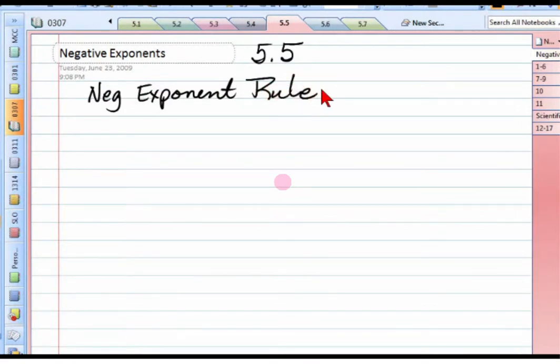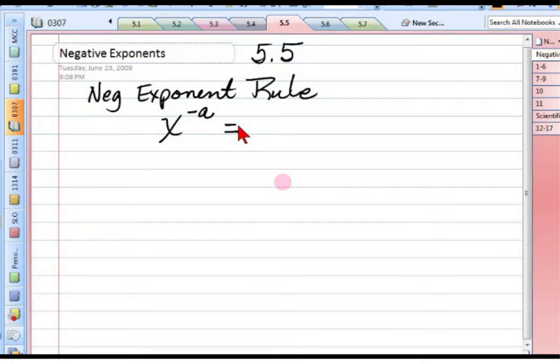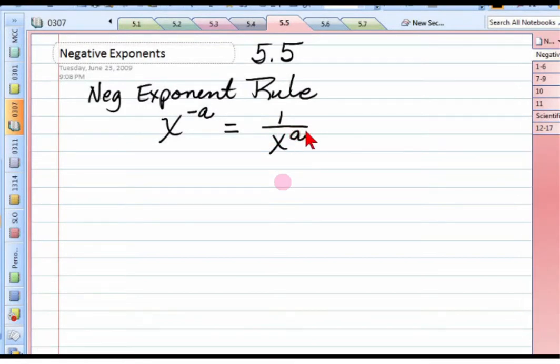All right, the negative exponent rule says, if you have some base x, it could be any base, and you raise it to a negative power, that in no way affects the sign of the answer. What it affects is the position of base x. It becomes 1 over x to the positive a.